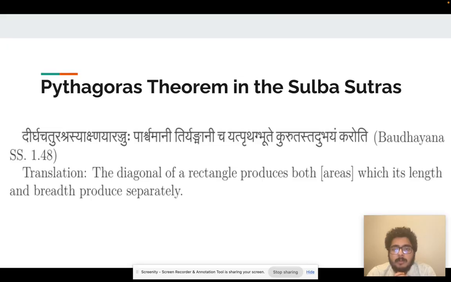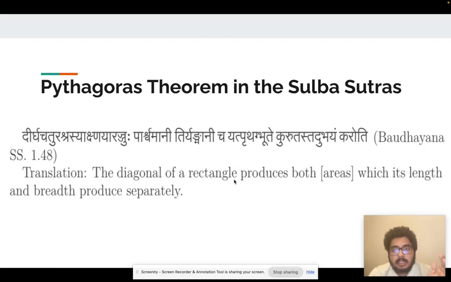Then we move to the first time the Pythagorean theorem in human history was recorded in a text in its form as we know today. This is Baudhayana Sulba Sutra 1.48, which mentions that the diagonal of a rectangle produces both areas which its length and breadth produce separately.